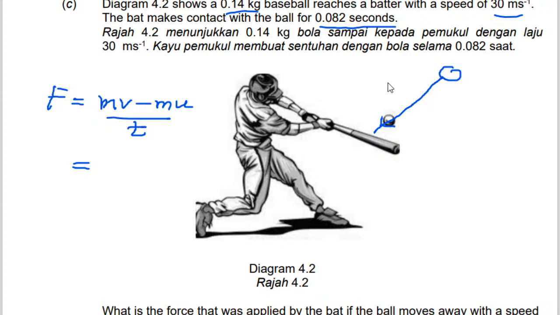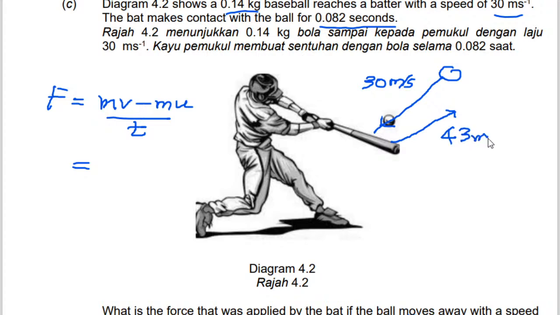So the ball moves towards the batter. So the speed is 30 meter per second. Then after that, the ball moves away, bouncing back like that with a speed of 43 meter per second.